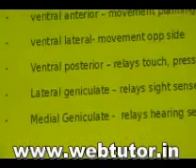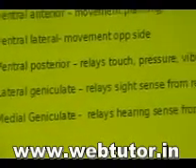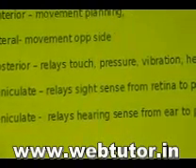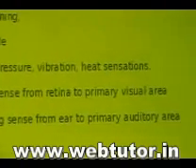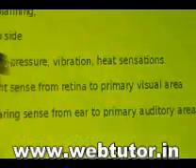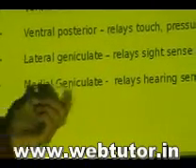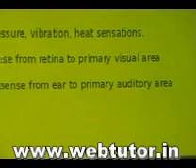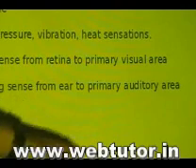Alright? Then you have your lateral geniculate. It relays sight sense from the retina to the primary visual area. Remember, we did the primary visual area. It is the sensory area in your cerebral cortex. And your medial geniculate relays hearing sense from the ear to the primary auditory area. Again, the primary auditory area is present in your cerebral cortex.